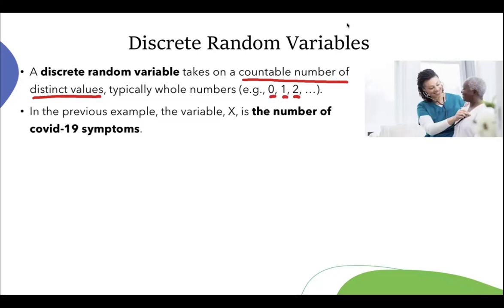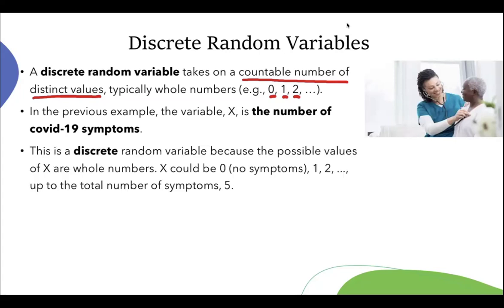In the previous example with the COVID-19 symptoms, X, the number of COVID-19 symptoms, was a discrete random variable. The value of X from patient to patient was a discrete quantity, a whole number. It was either going to be 0 for no symptoms, or 1, or 2, all the way up to a total of 5 symptoms.